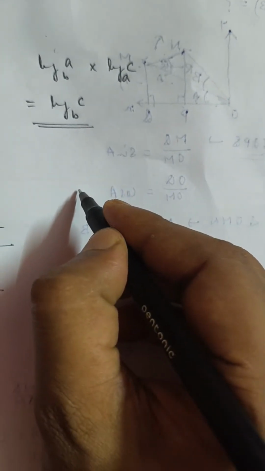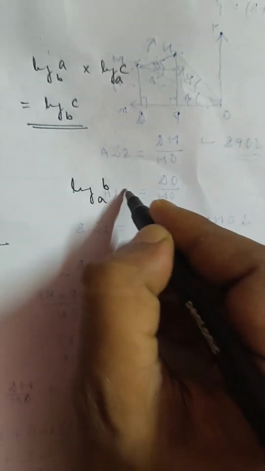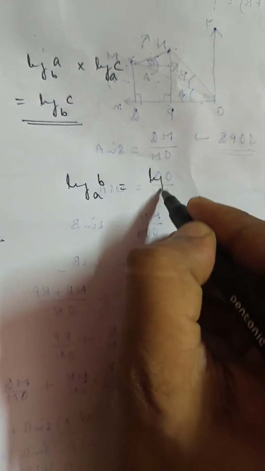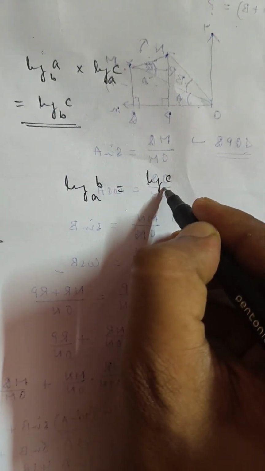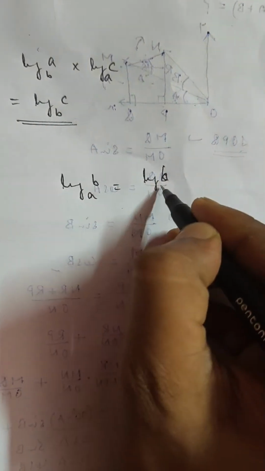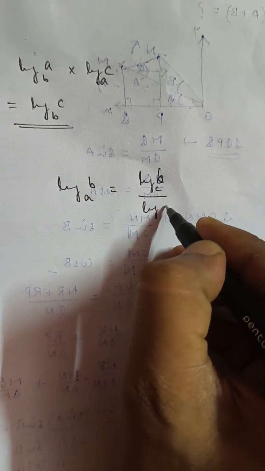You can also prove that log of b base a is equal to log of b base c by log of a base c.